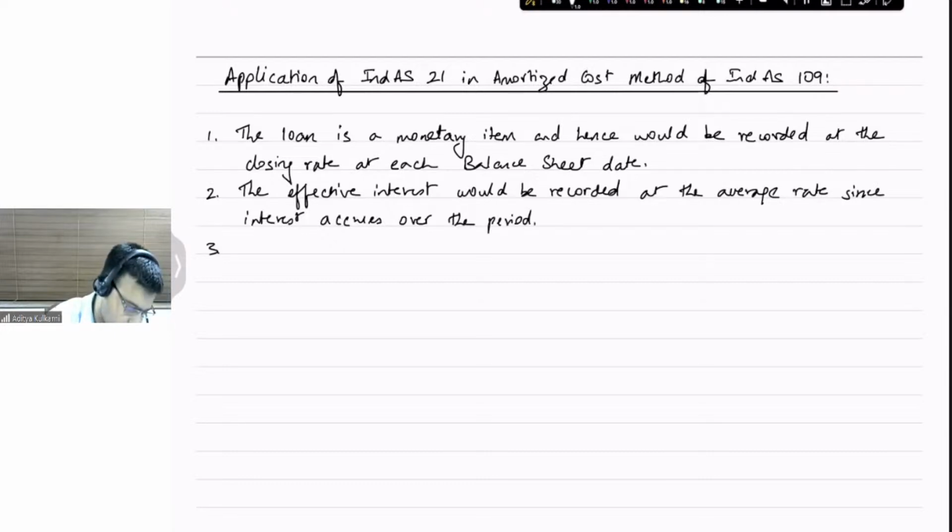Third, coupon payments. In our example, that's 6 lakhs.